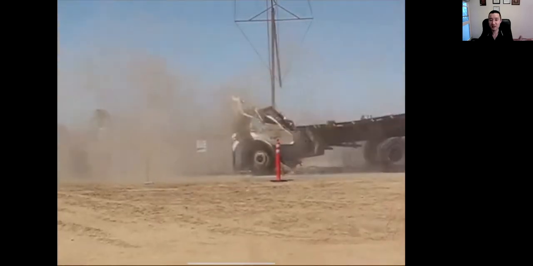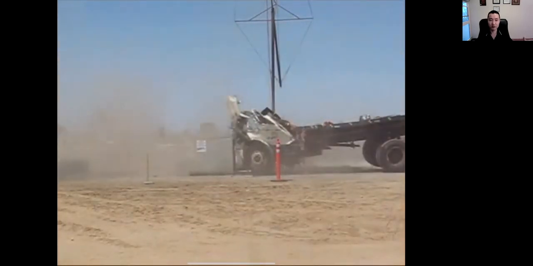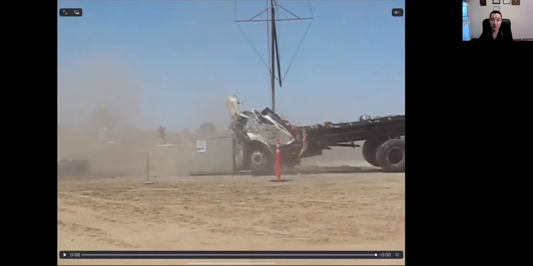This is an F-750 traveling at 50 miles per hour. That is the prototype barrier. The test was done in the desert area in the Los Angeles area, near the Ontario airport. We did this test, as I remember, in 2008.